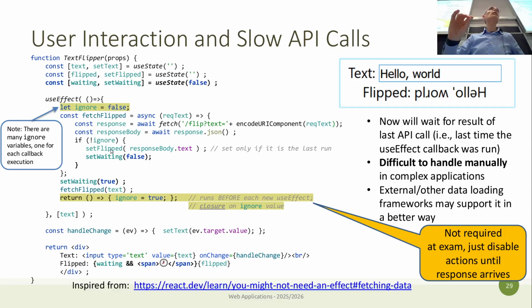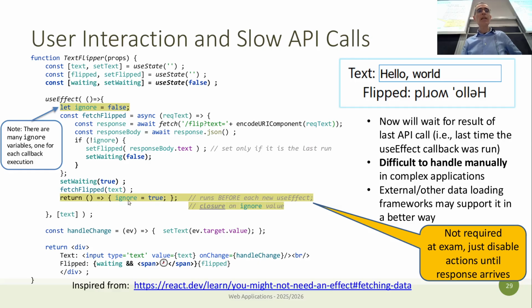So it makes sure the set flipped is called only when the callback of the useEffect is the last one that has been run, okay? Because all the others have been affected by the fact that this cleanup function set the ignore to true.